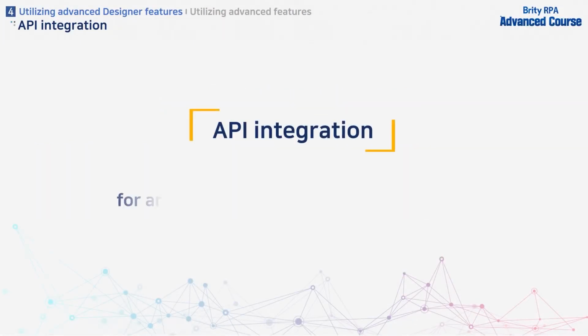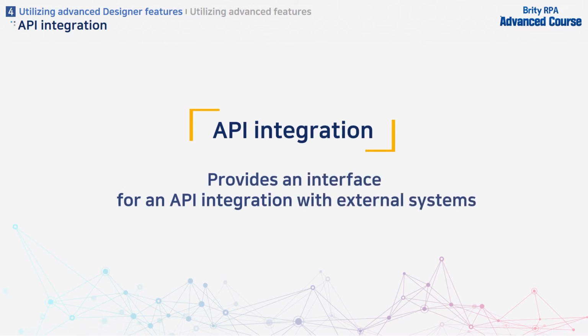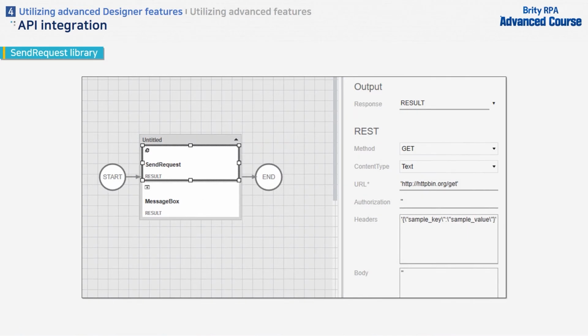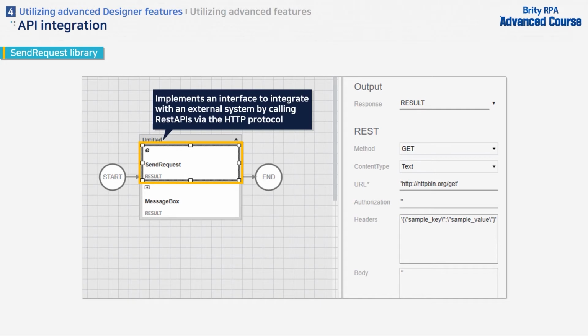Brity RPA provides an interface for API integration with external systems. For API integration with an external system, one of the web libraries called sendRequest is utilized. The sendRequest activity implements an interface to integrate with an external system by calling REST APIs via the HTTP protocol.